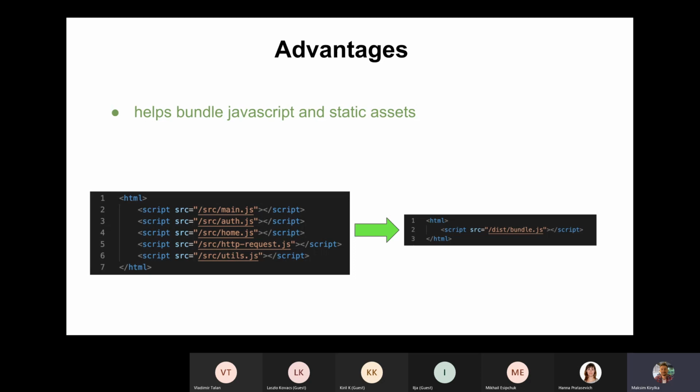But each file requires a separate HTTP request, which is 5 different requests in order to get your application started for this particular example. So it would be better and easier if we could combine all 5 files into only one, like on the right. And Webpack does it for us.